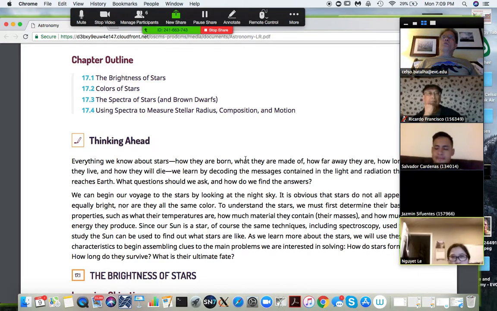Then we studied the formation of the solar system and star formation, and we learned that planets in our solar system are segregated into terrestrials and gas giants or Jovian planets. The terrestrials are closer to the sun and Jovian are further out.